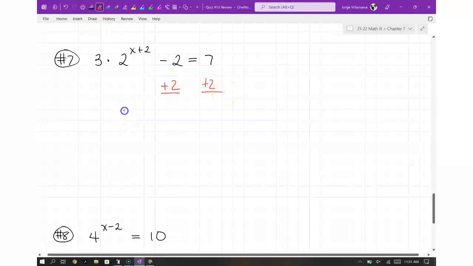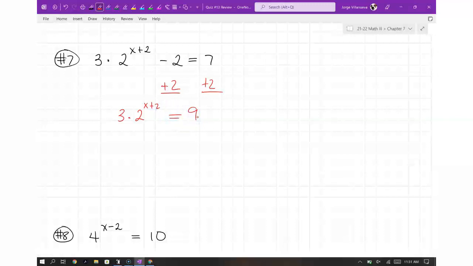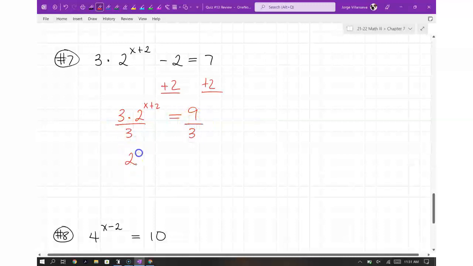So you end up with 3 times 2 to the x plus 2 equals 9. Now, let's get rid of that 3 times portion. Since that's multiplication, we're going to divide. So I get 2 to the x plus 2 is equal to 3.